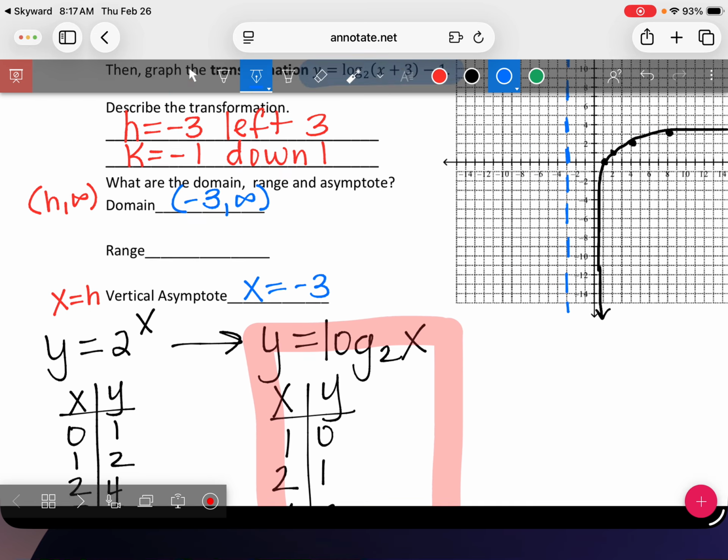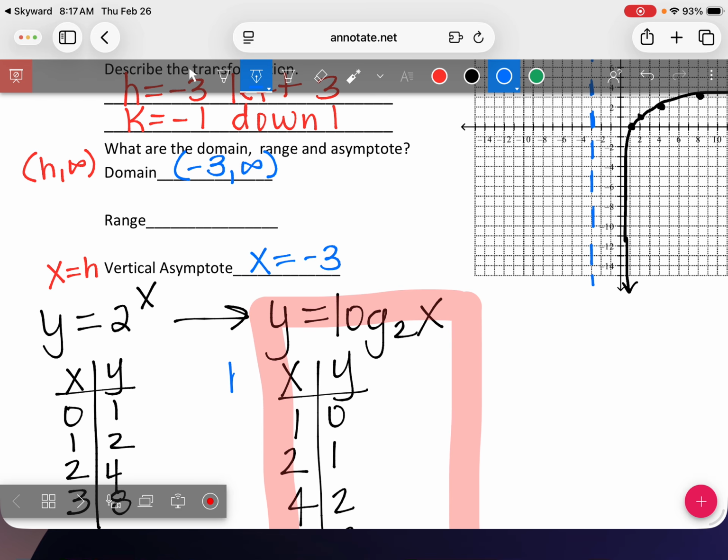And to my parent table, you're going to add the h to x and add k to y. So what I want you to do is add -3 all the way down, and you're subtracting 1 all the way down.